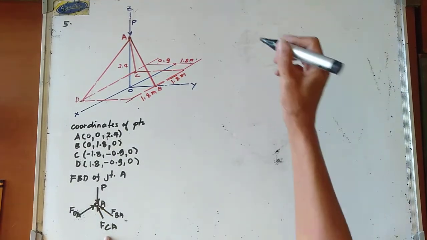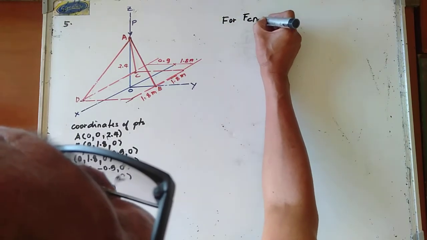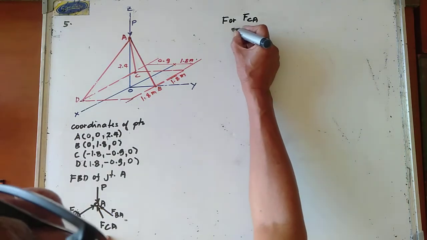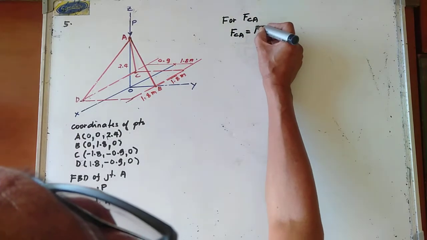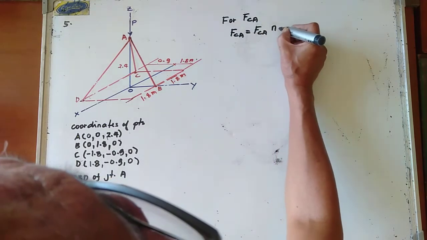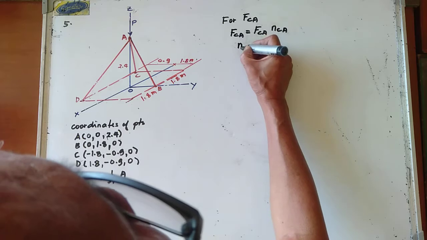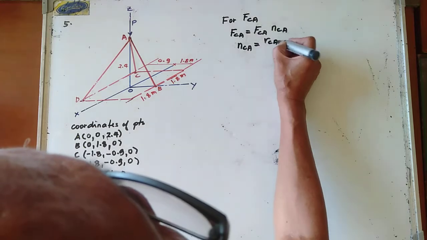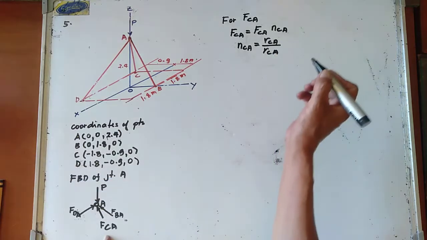For leg CA, FCA in Cartesian vector form is equal to the magnitude of that force multiplied by the unit vector CA. Again, the unit vector CA is the position vector CA all over the magnitude of this position vector.